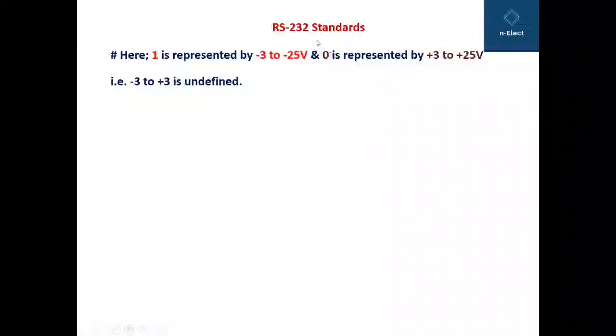Now we will see the voltage levels associated with RS232. In this standard, 1 is represented by the voltage range -3 to -25 volts, and 0 is represented by +3 to +25 volts. It is therefore clear that -3 to +3 is the undefined range.